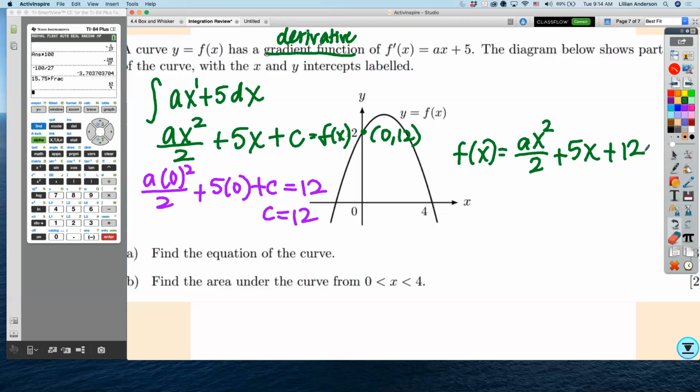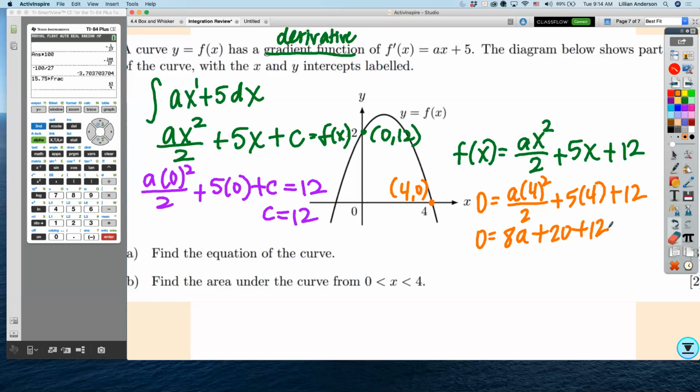Now to find a, what would I need to plug in? The x-intercept, which is the point 4, 0. By doing it this way, I'm able to essentially not create a system. Find c first, find a second. 4 squared is 16, divided by 2 is 8. What's 5 times 4? 20.